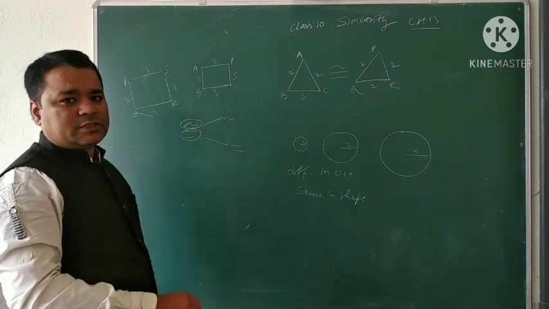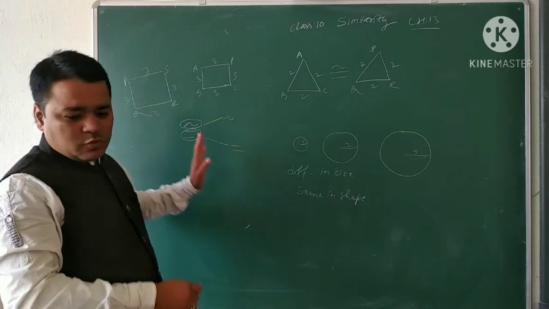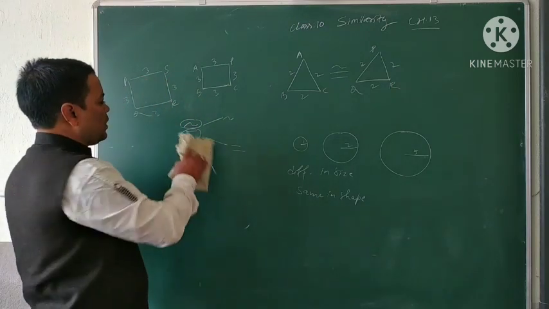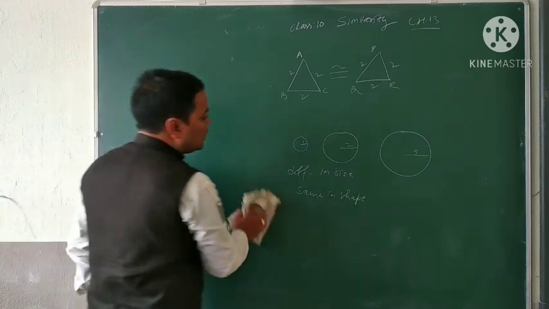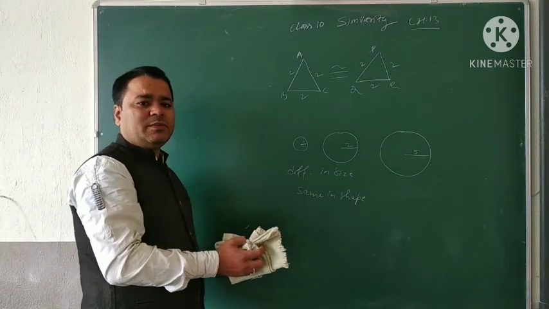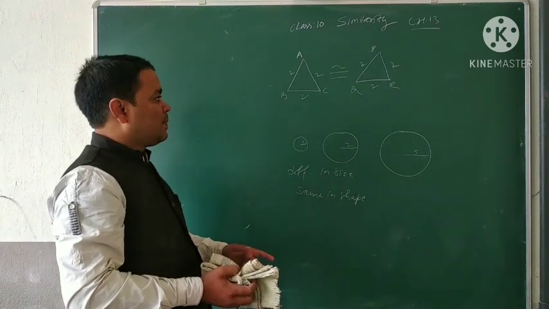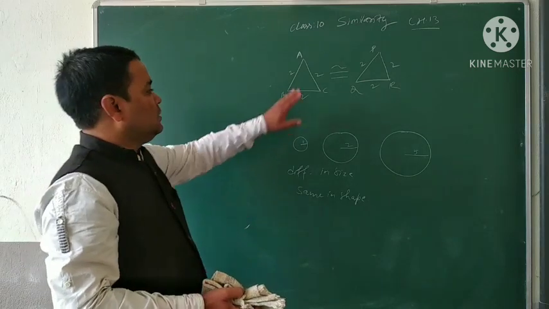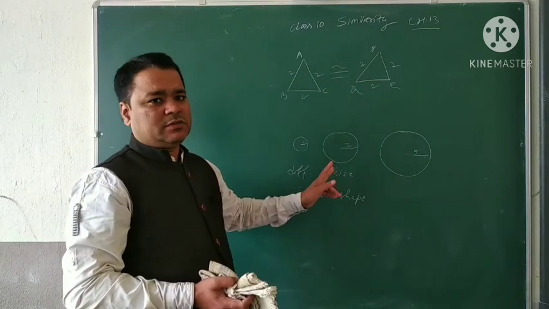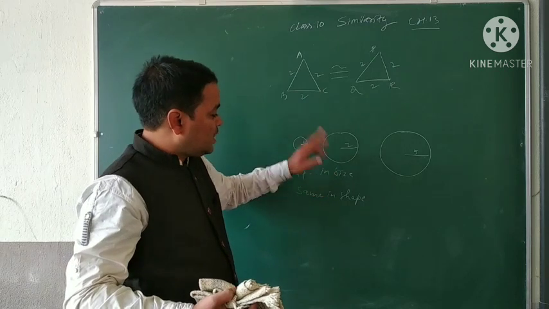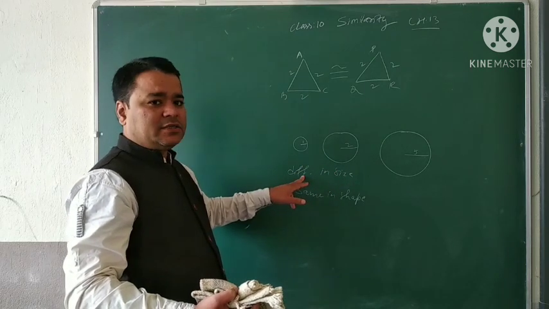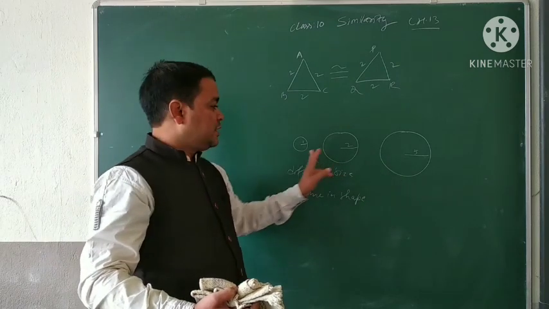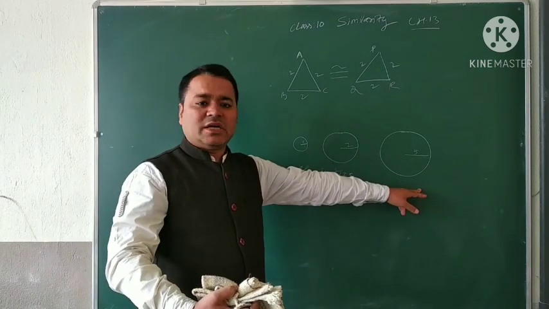Also they are congruent because shape and size are both the same. So if shape and size are both equal, then they will be similar as well as equal. But if only shape is the same but size is different, then they will be similar. Here they are similar, not congruent.